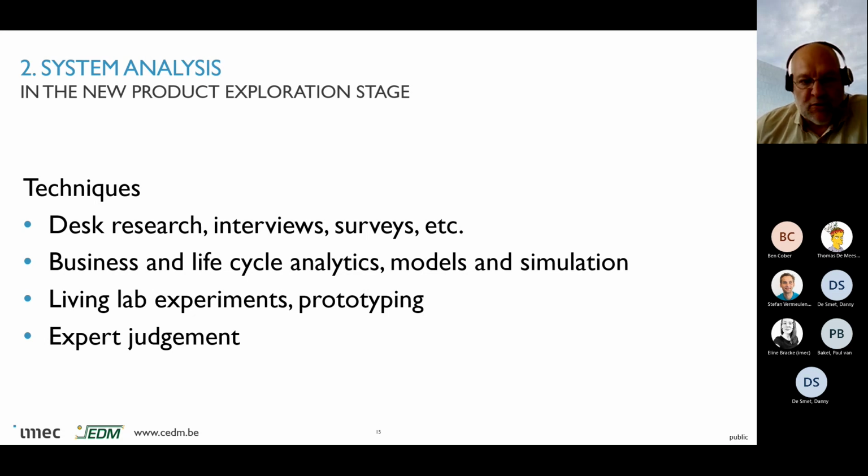For the business, we can use business models, analytics, simulations. For things like user experience, we can go for living lab experiments and some prototyping there, and we can consult experts to help with this. Thomas, my colleague, will in the second part go deeper into examples of these techniques and how they can be employed.